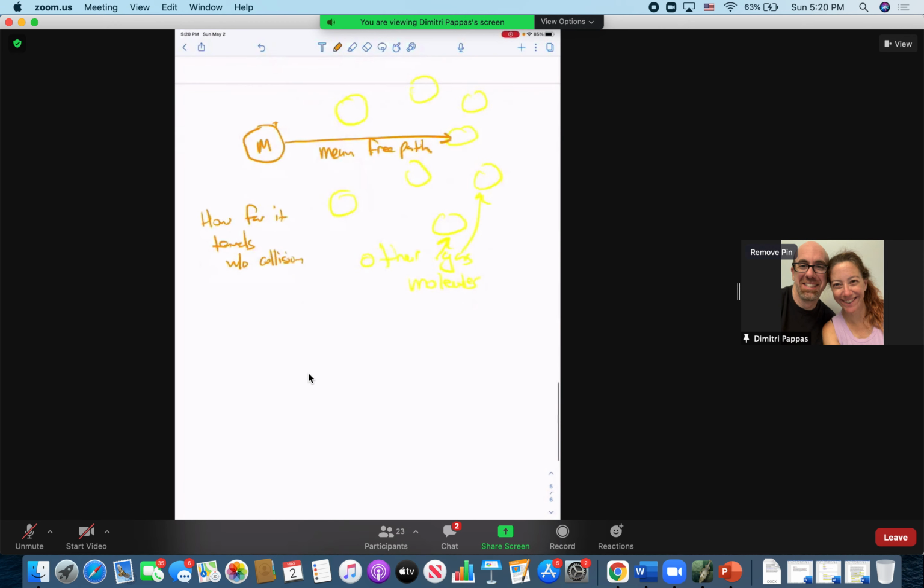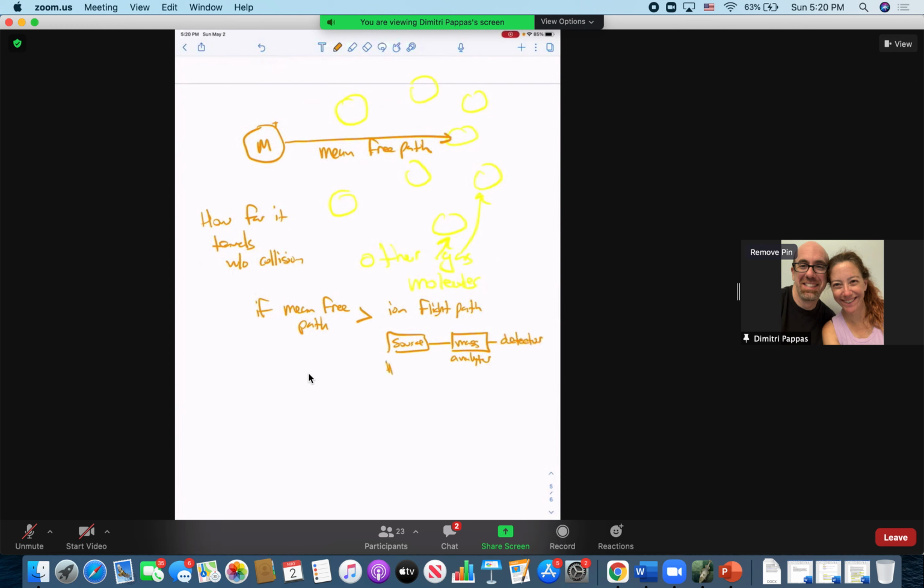Now, if you think about it, if the mean free path is greater than the entire ion flight path, in other words, from the source, there's the mass analyzer, and there's a detector.